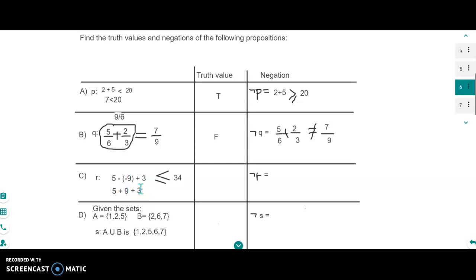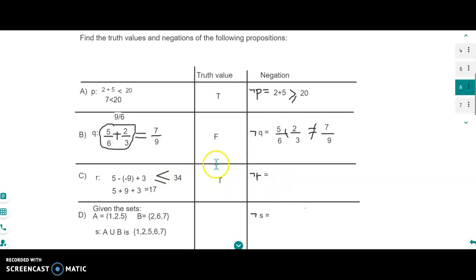How much is that? We will have 14 plus 3, that makes 17. So we have equals 17. Let's check: 17 less or equal to 34? Is it true? Of course. The result of this operation is less or equal to 34. This is true, so we write here the true value.